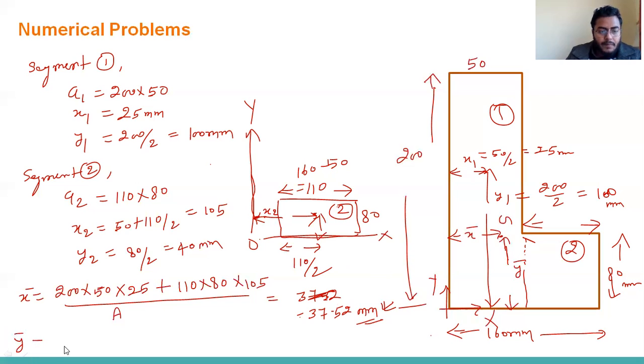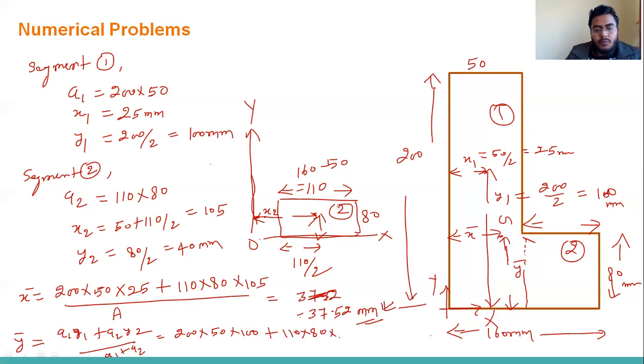Now y bar. Similarly, we can write a1 y1 plus a2 y2 divided by a1 plus a2. So 200 into 50 into y1, that is 100, plus 110 into 80 into y2, 40, and divide by 200 into 50, that is a1, plus 110 into 80, that is a2.